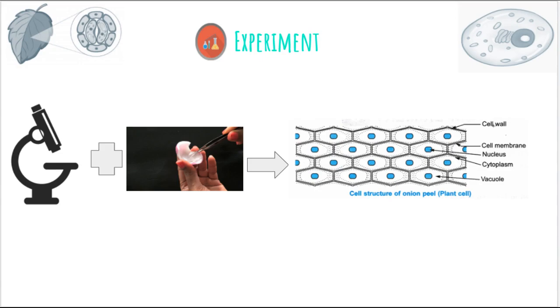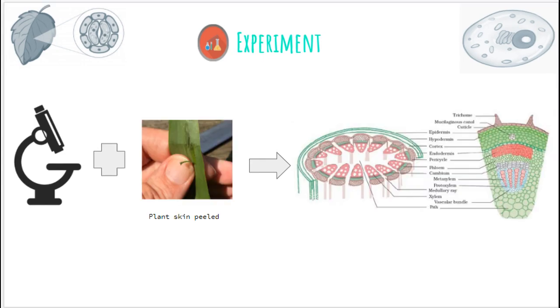So we can say that the onion peel is made up of cells. Similarly, if we take some other tissue or some other part of the body of an organism, we can see these continuous structures of cells.